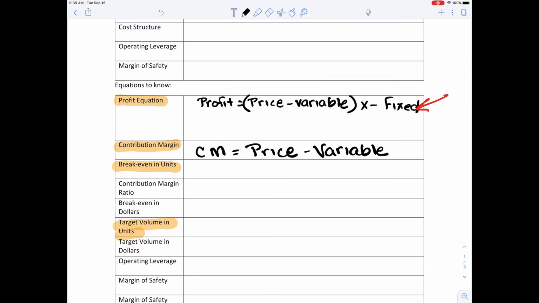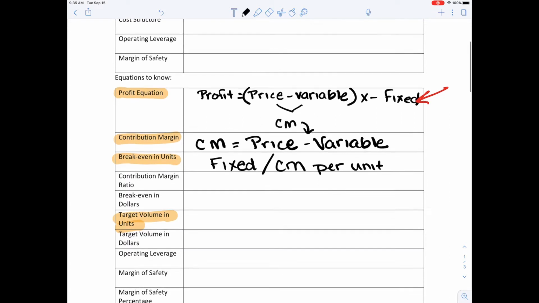But to shortcut and save yourself some time, if I do some simple algebra and I know that break-even is 0, I can come down to knowing the fact that to break even I need to cover my fixed costs. So I would take my fixed costs and divide that by my contribution margin per unit. Because remember, price minus variable cost equals contribution margin.